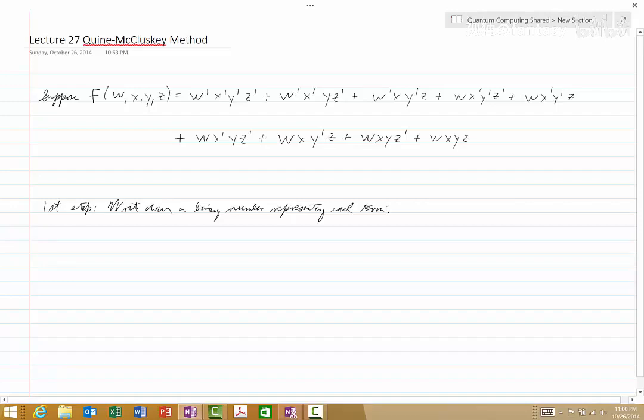Now, again, I don't want to go into too many details with this problem, because we could spend considerably more than one lecture on this.